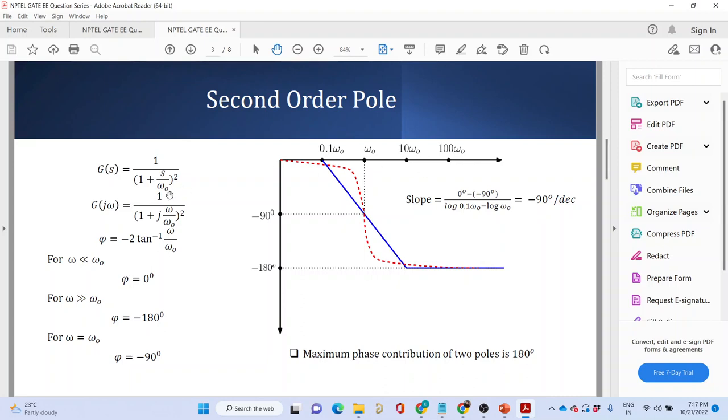Okay, so just imagine, write a transfer function which I am saying. I'm not writing it over here. 1 divided by s square plus omega 0 square. Yes, sir. Now tell me, how would the phase plot of 1 divided by s square plus omega 0 square look like?